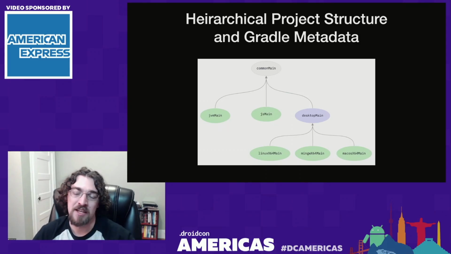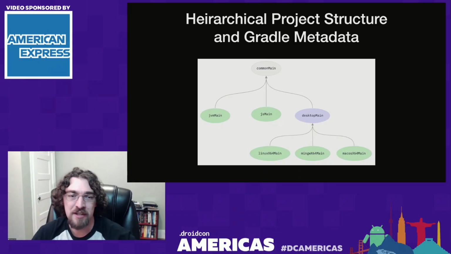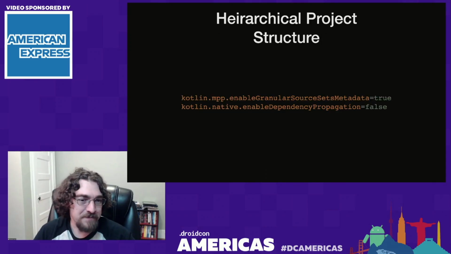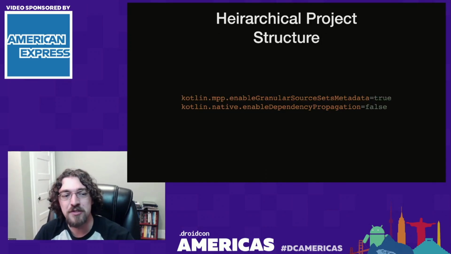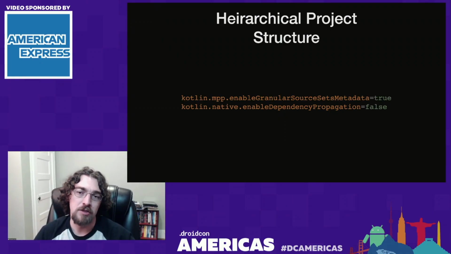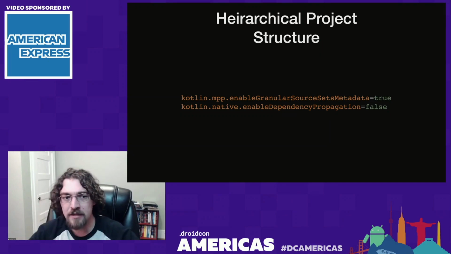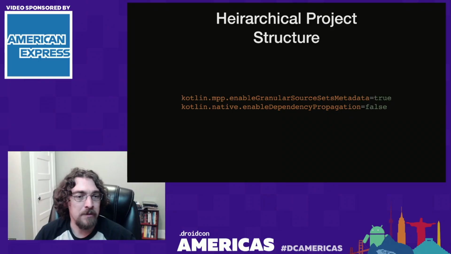It doesn't yet work if you have multiple tiers of shared things, but I think that should be coming in the future, and there's a ticket somewhere that you can vote for. The way you opt into it is with these two flags in Gradle properties. So if you're trying this stuff out and you're having trouble with the IDE support, adding these Gradle properties can sometimes help.